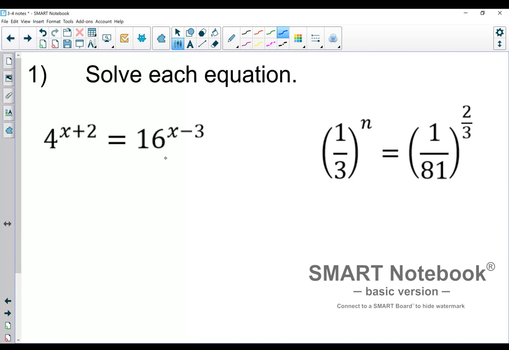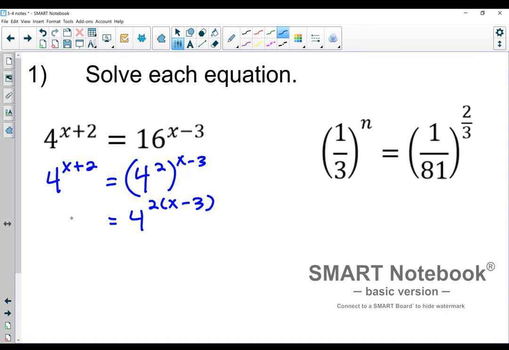So by same base, I mean I already have a 4, and I know I can make a 16 into a 4. So I have 4 raised to the x plus 2 power. And then on the other side, 16 is a 4 squared. And then I know power to a power I can multiply. So my new exponent will be 4 raised to the 2 times x minus 3 power.